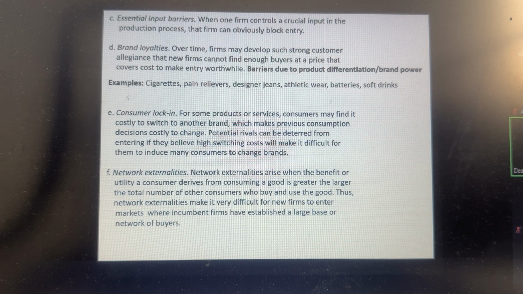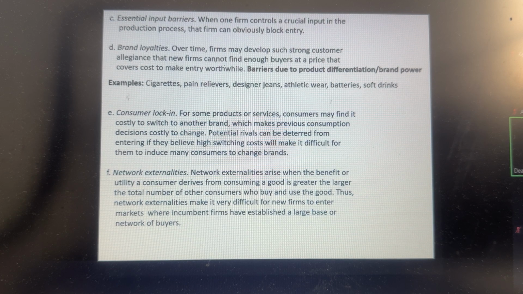Brand power, maybe some cigarettes, pain relievers, design, athletic wear, Adidas, Nike brand, and soft drinks as well. It's very difficult to compete with these brands. So brand becomes a barrier for newcomers to enter into the business.